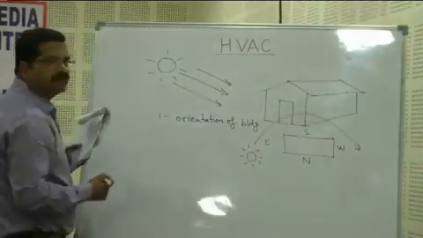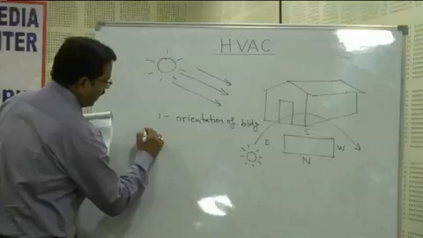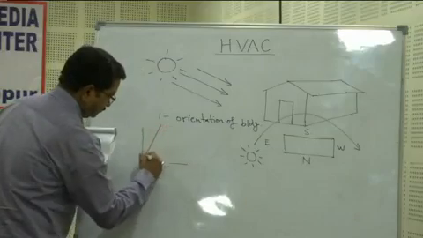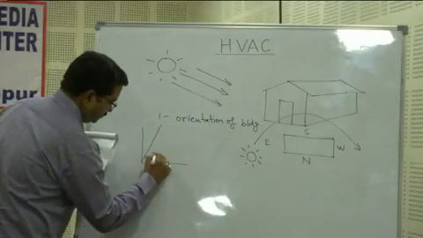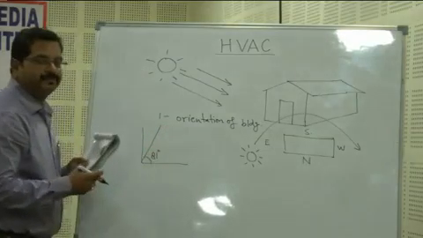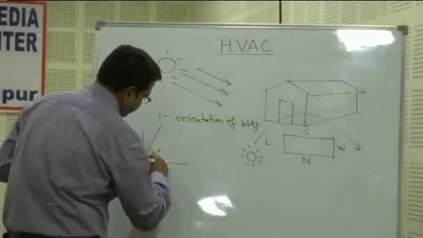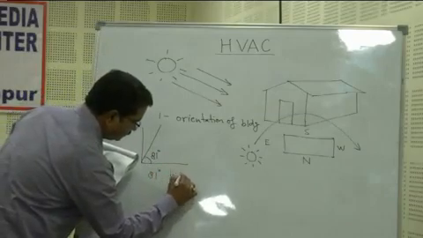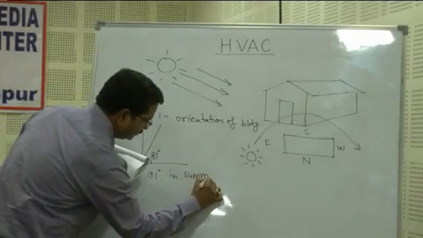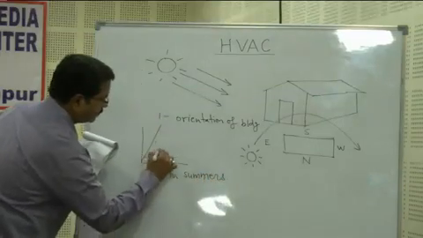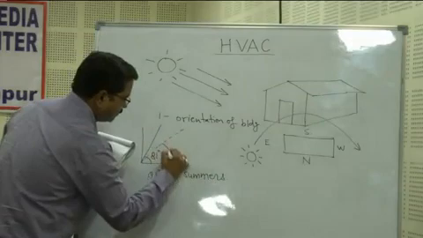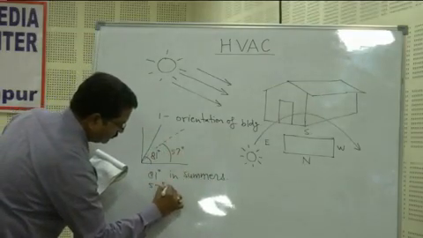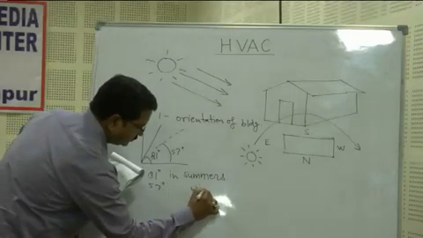Here, one of the important facts is the angle of the sun is 81 degrees in summer and 57 degrees in winters.